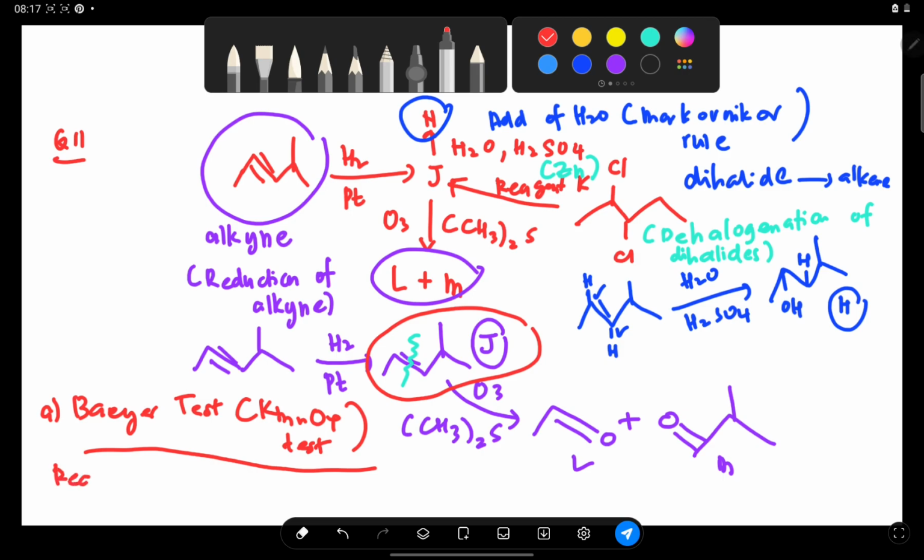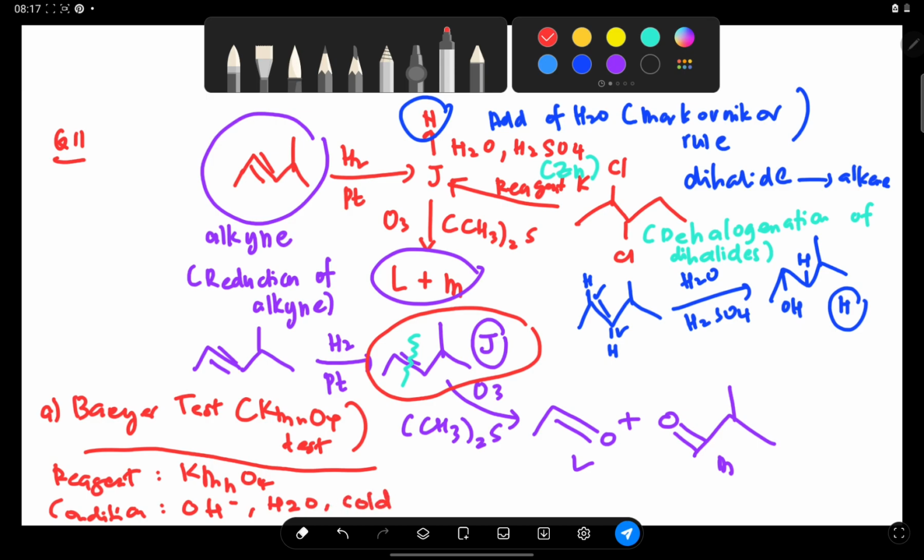The reagent is KMnO4, and the condition is basic, dilute, because you put water here, and it should be cold.